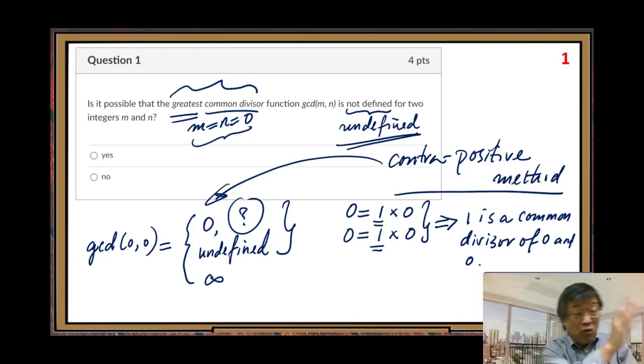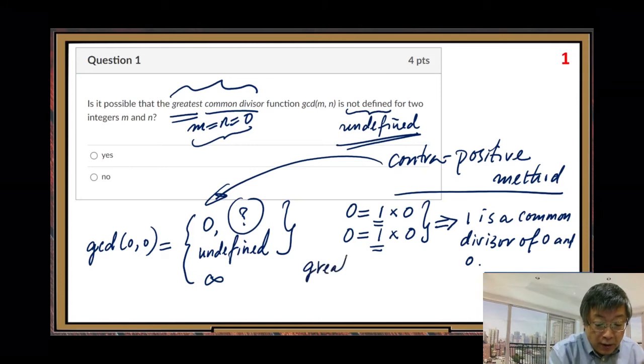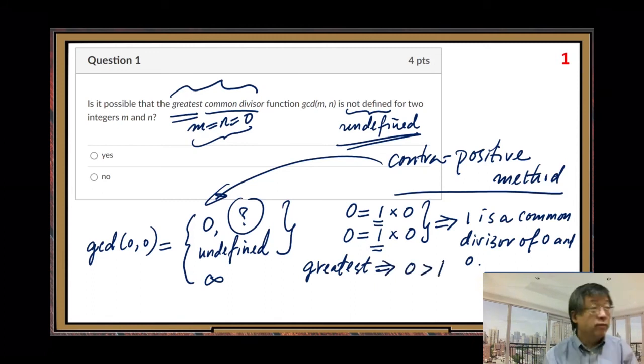But now someone told me 0 is the greatest common divisor. If you claim it's greatest, then based on the meaning of greatest, we should have 0 greater than 1, because 1 is not the greatest, just a common divisor.